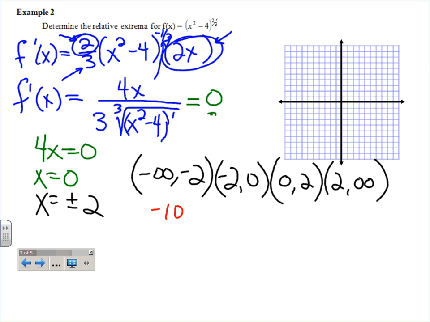Here's how I look at it. These are a little harder because it's a fraction, right? So here's how I do it. I say, here's my fraction. Let's figure out what the numerator will be and what the denominator will be, just positive, negative. So let's put -10 into the top. Negative. And I don't even care what it is. I just want to know positive or negative. So negative over, if I put 10 here, -10 and square it, that becomes positive, right? And it's about 100, right? -4 is still positive.